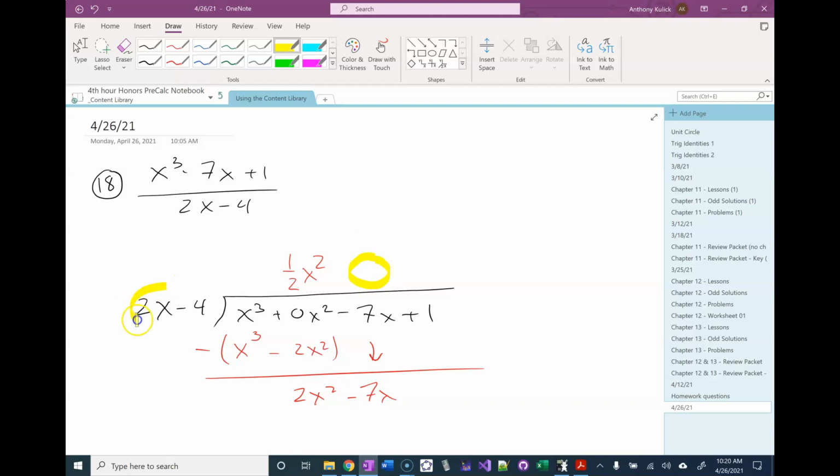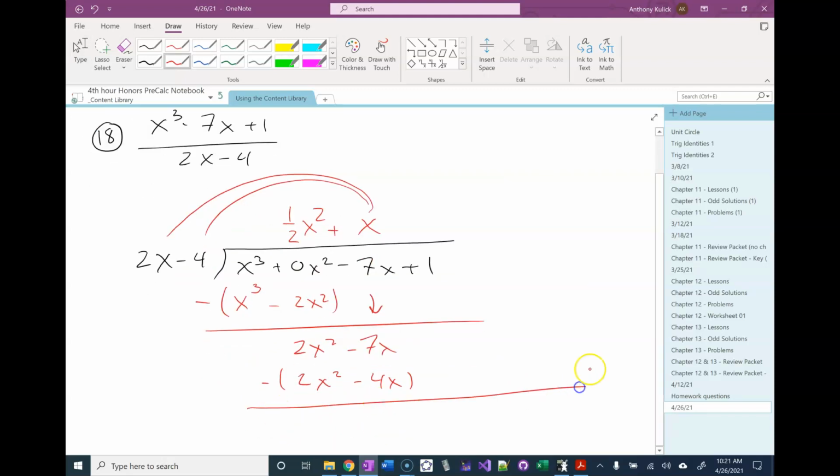So now we're going to just start over. I'm going to say, what times 2x gives me 2x squared? Well, that's x. And then I multiply that to the entire divisor. So 2x squared minus 4x. And then subtract down. 2x squared minus 2x squared is 0.